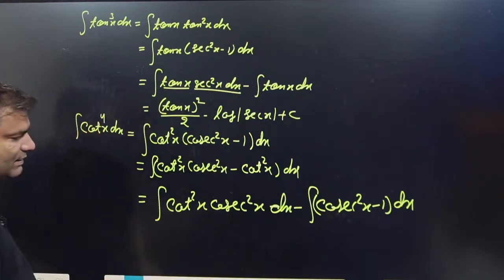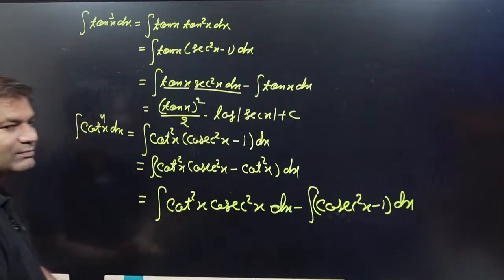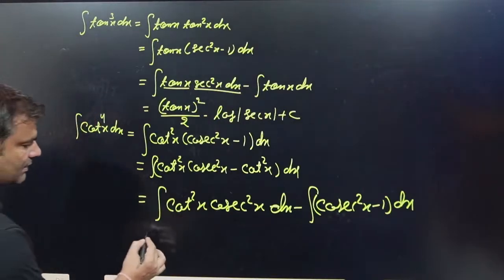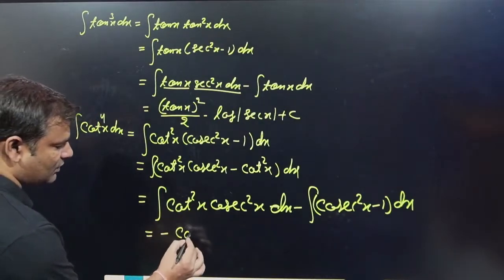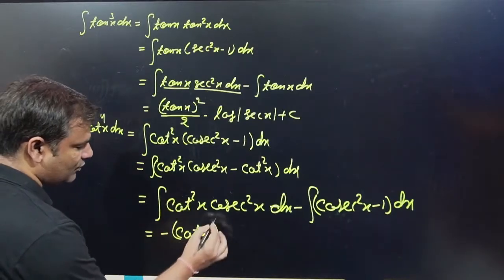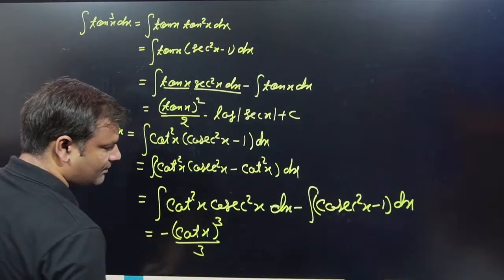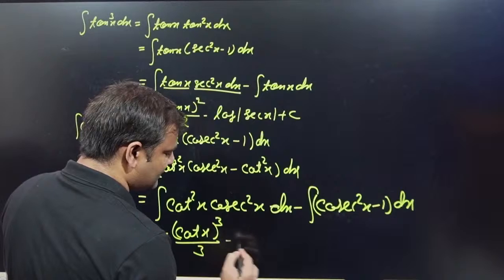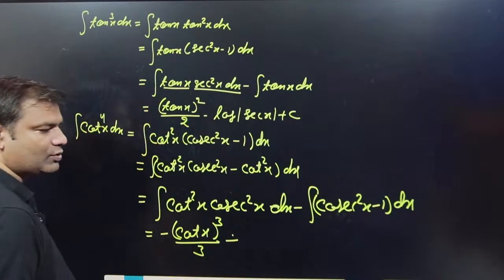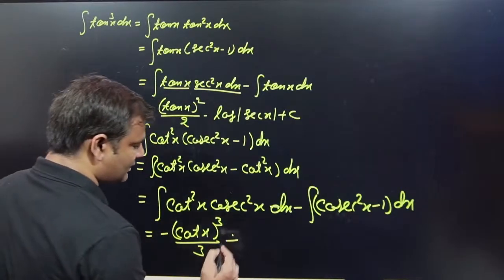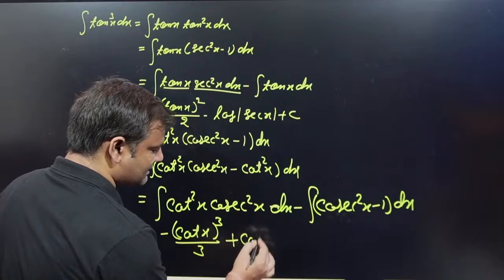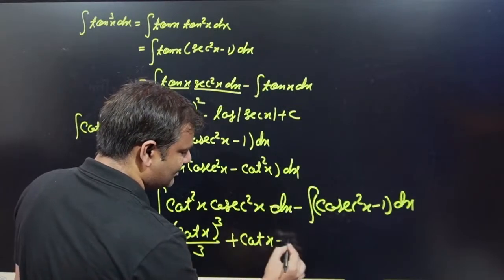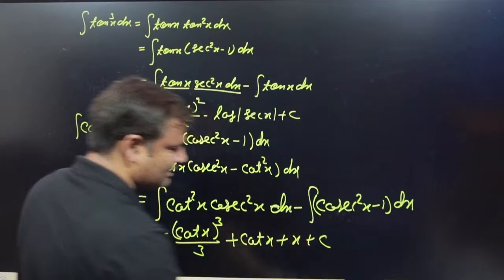That part is, if this one is t, then that one is minus dt. It means this is written as minus cot x to whole cube by 3, and here the integration of cosec square x is simply minus cot x, so minus minus plus cot x, and here plus x plus c.